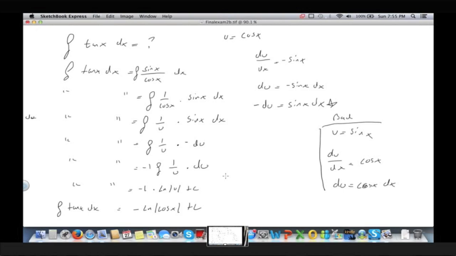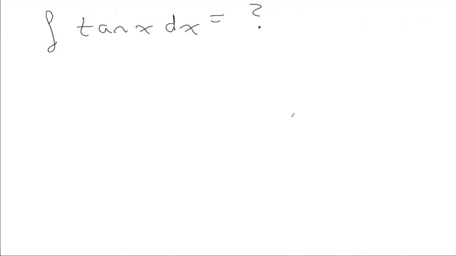If you had a sum, like 1 over cosine x plus sine x, then it would be a good idea to take the antiderivative separately if possible. But with a product, it's useless. So instead, your second thought was better. You had to use substitution instead. Okay, so let's go back to my screen.